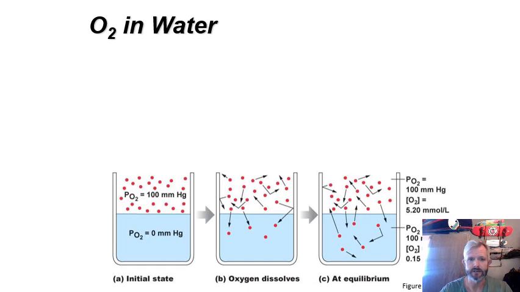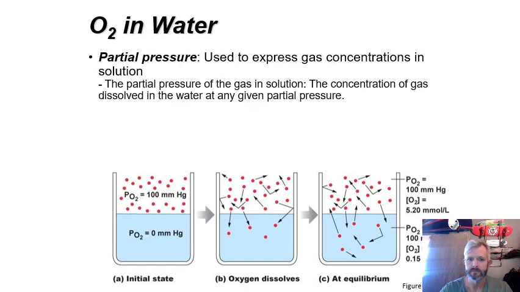Right, so here is our O2 in water. Okay, gas, you can see that. When you're looking, we have 100 millimeters of mercury here and 0 here in the liquid, and you can see some of that oxygen dissolves in, but even at the same partial pressure, the concentration is different because of that solubility. So oxygen is not very soluble in a liquid.